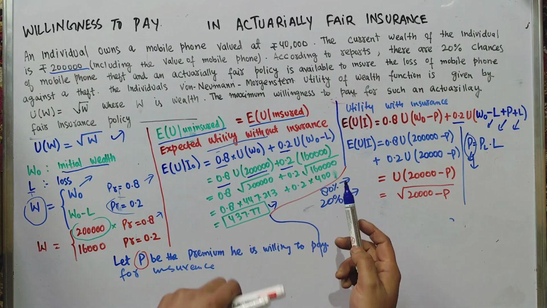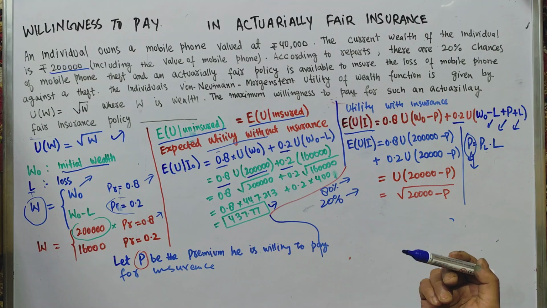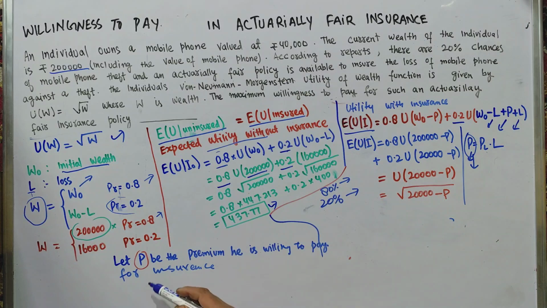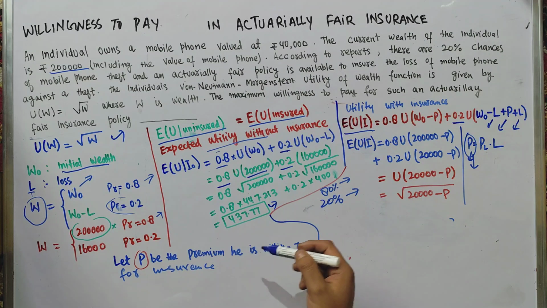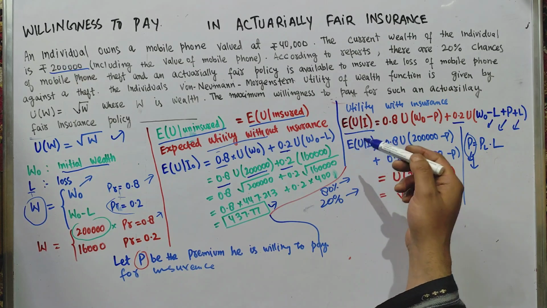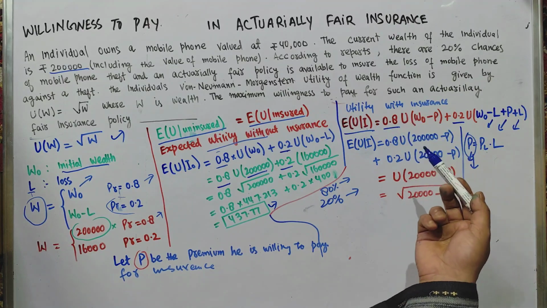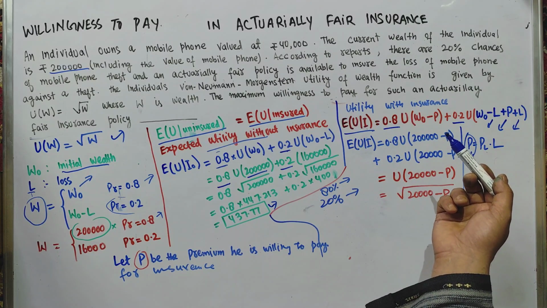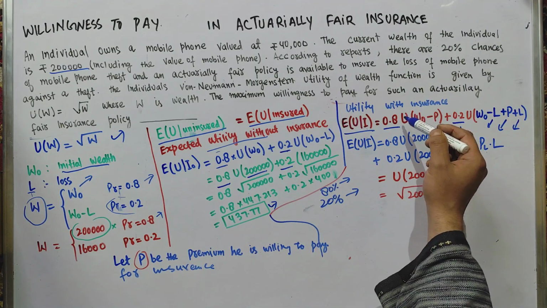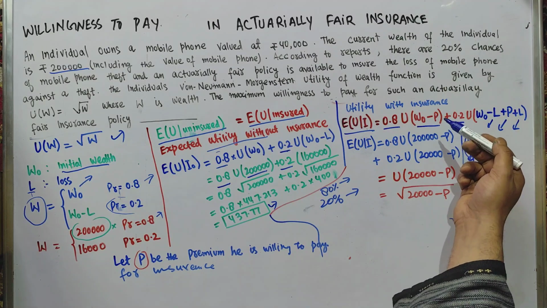Now when he takes the actuarially fair insurance, we need to find out the expected utility with insurance. Let us denote P as the premium, or the maximum price he is willing to pay for the actuarially fair insurance. In this case, what will be the expected utility with insurance? That will be equal to 0.8, which denotes the probability of not getting theft, times the utility of wealth in this condition. And what will be the wealth in this case?